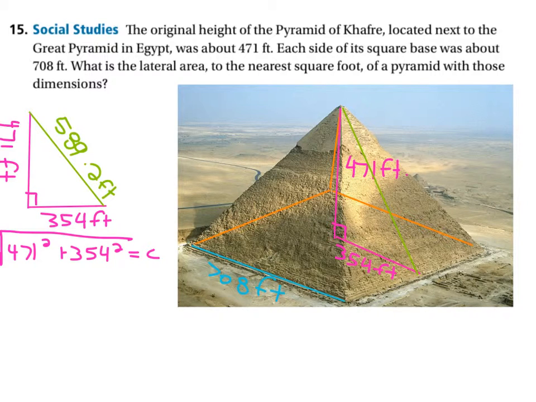Now, since we have the slant height, I'm going to draw a line down here to close this off, and I'm going to do our calculations down here. So our formula for the lateral area is 1/2 perimeter times slant height.